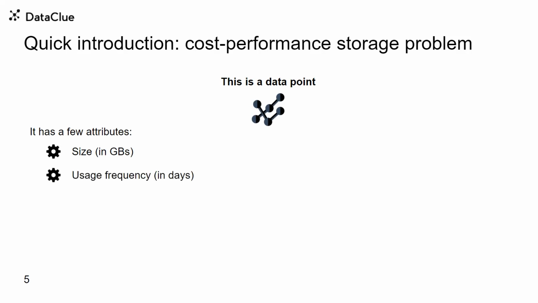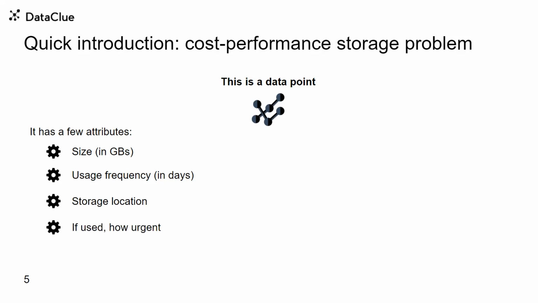It has how frequently you're using it: once a day, once a month, or once a year. Frequency of usage is really important in data storage. Then location. Here we're mostly talking about regions, because moving between regions will be costly and hard to manage, so it's important where the data is stored.